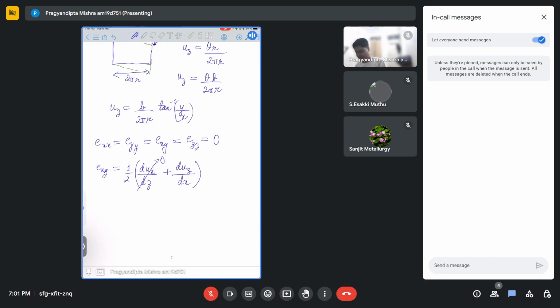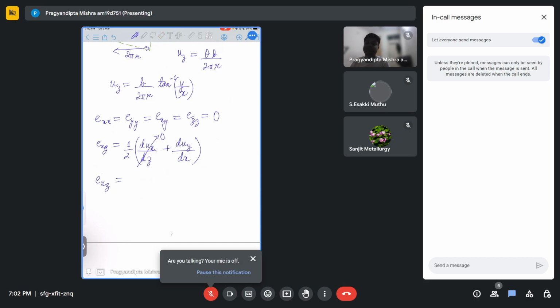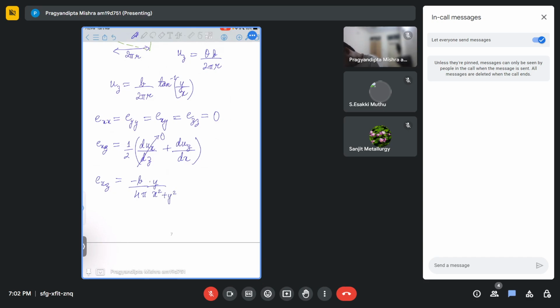So if I rewrite that part, I will get E of xz equal to minus b by 4 pi times y divided by x square plus y square. I've skipped some steps in between, but you can differentiate that expression with respect to x and you'll find this as the answer.